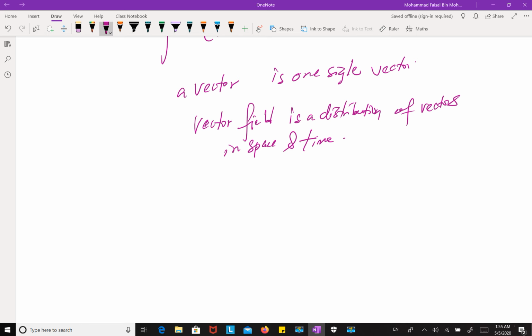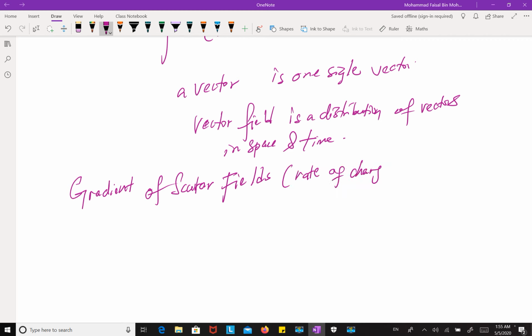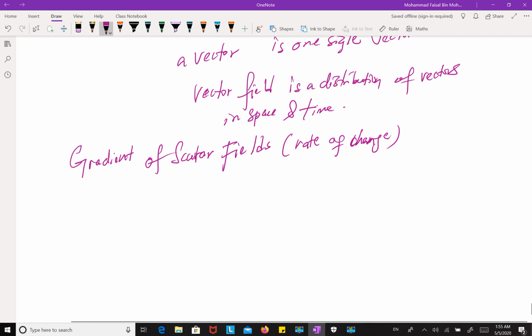So first we'll learn about gradient of scalar fields. Sometimes we call them rate of change. The gradient of a scalar field is a vector field which points in the direction of greatest rate of increase of the scalar field and whose magnitude is the greatest rate of change.